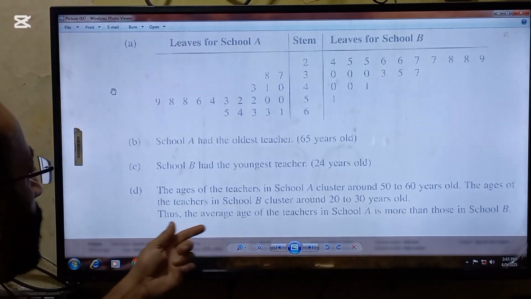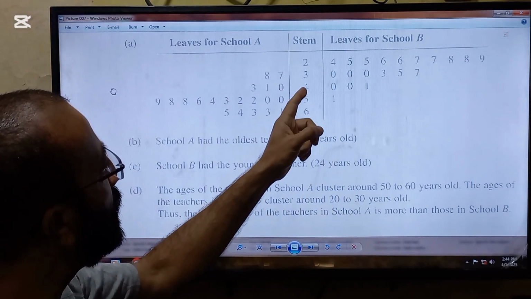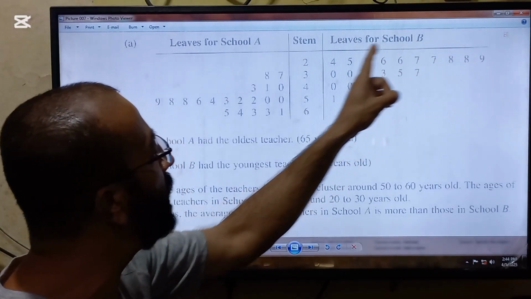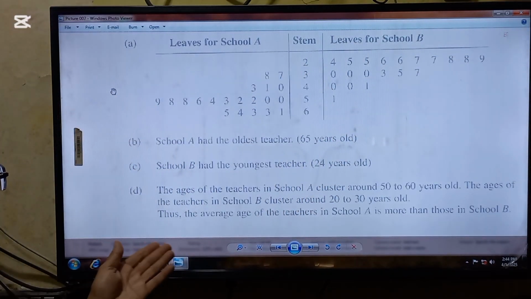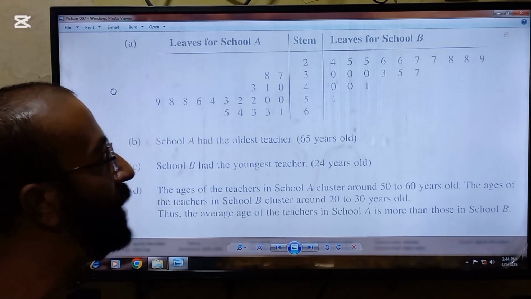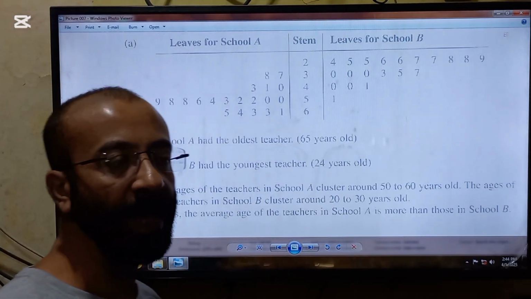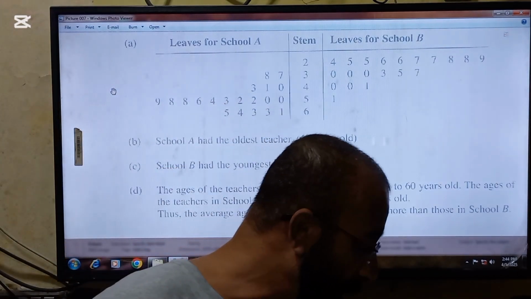The ages of the teachers in school B cluster around 20 to 30. Thus, the average age of the teachers in school A is more than those in school B. So like this, you have to complete the questions of back-to-back stem and leaf diagram.